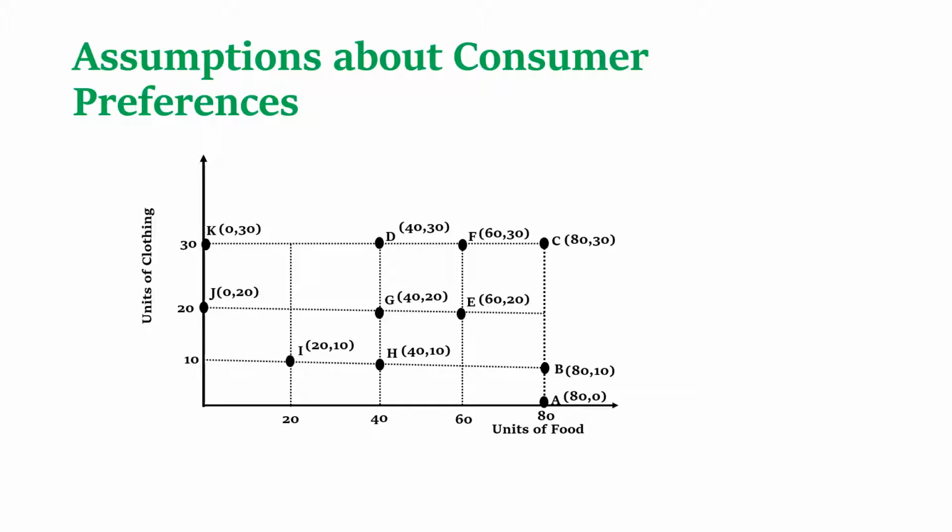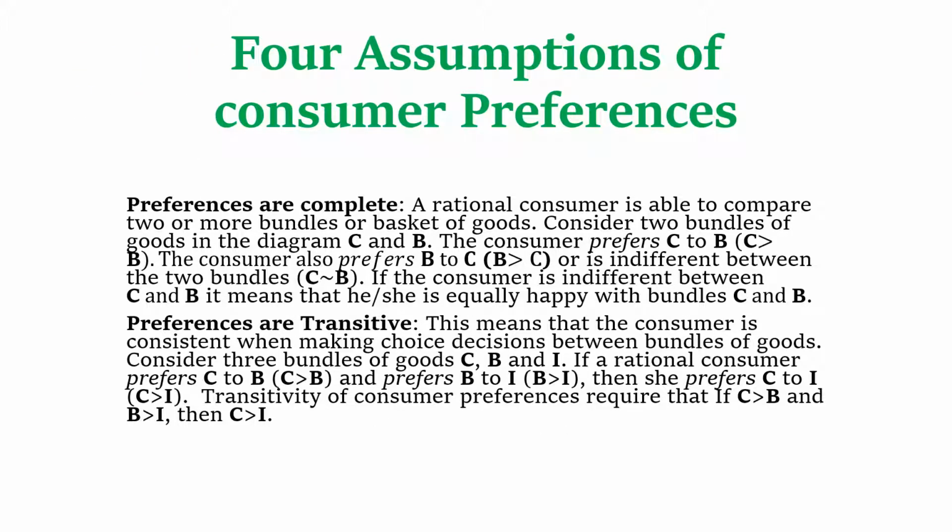So we are going to also use these concepts to look at all the 4 basic assumptions of consumer preferences. So the first assumption states that preferences are complete. They are complete in the sense that a rational consumer is able to compare 2 or more bundles of goods.